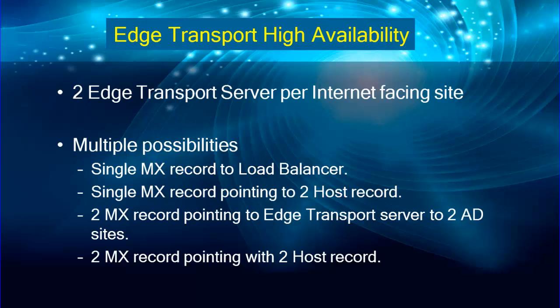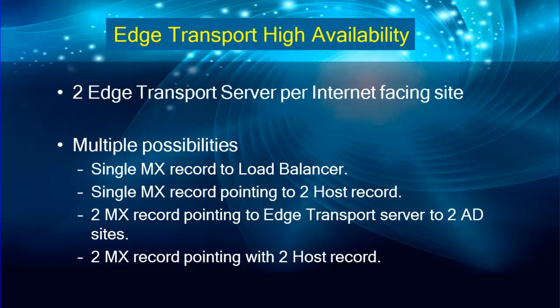If you have the backend on a cluster, client connectivity on a cluster, or load balanced with a load balancer, and not the SMTP gateway, then it's not complete high availability. You would like to have complete high availability of the end-to-end product.